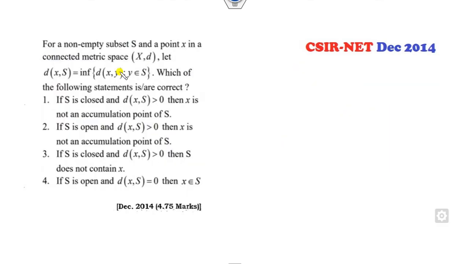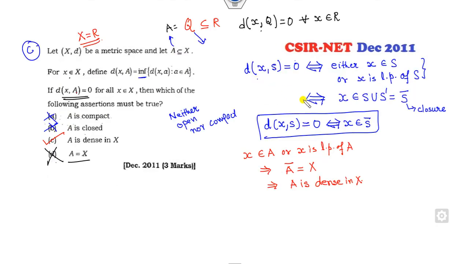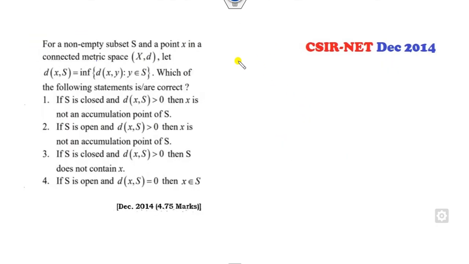Okay, for every non-empty subset, a point is connected such that again you can see the same infimum. So I can use the same remark. Fine. So I can write here: D of x comma S is 0 if and only if x belongs to S bar, or x belongs to S, or x is a limit point of S. Now look at the first option.